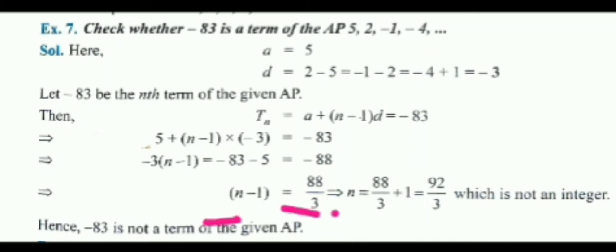Therefore, n will be 88 by 3 plus 1. Just solve this. Take out the LCM. So you will get 91 by 3, which is not an integer. So now just see students, whether minus 83 is a term of this AP or not, because the nth term we got is 92 by 3, and 92 by 3 is a fraction, it is not an integer.